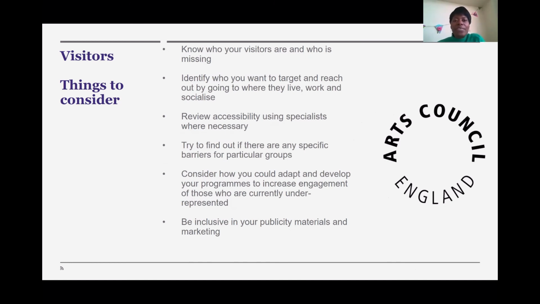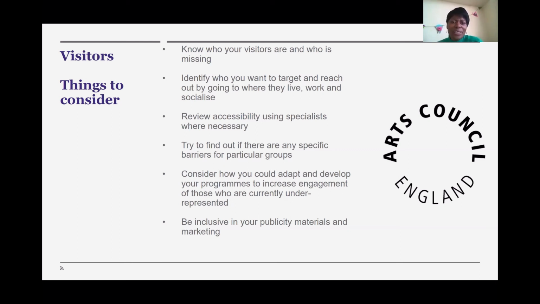So in terms of visitors, so knowing who your visitors are and who's missing, identifying who you want to target and reach out to by going to where they live and work and socialise. Reviewing accessibility using specialists where necessary, particularly around disability access. Trying to find out if there's any specific barriers for particular groups.